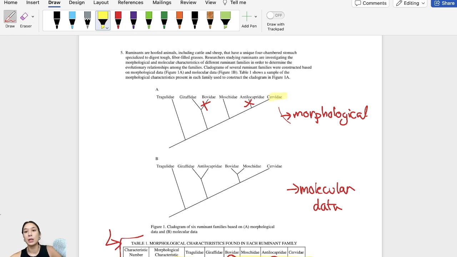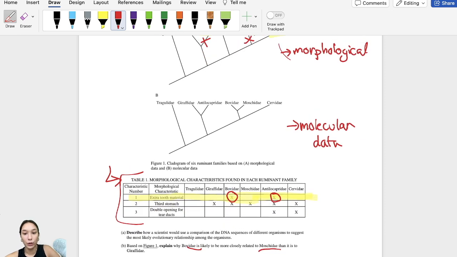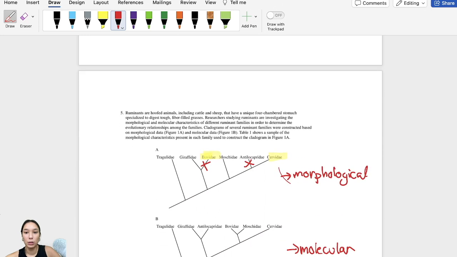So Cervidae is here and Bovidae is here. They are saying that if both of these have a characteristic found only in these ones, okay? So I'm just gonna erase these X's just so it doesn't get confusing.